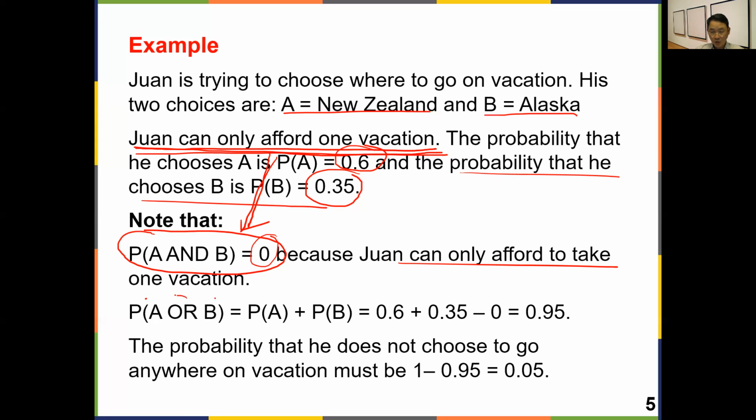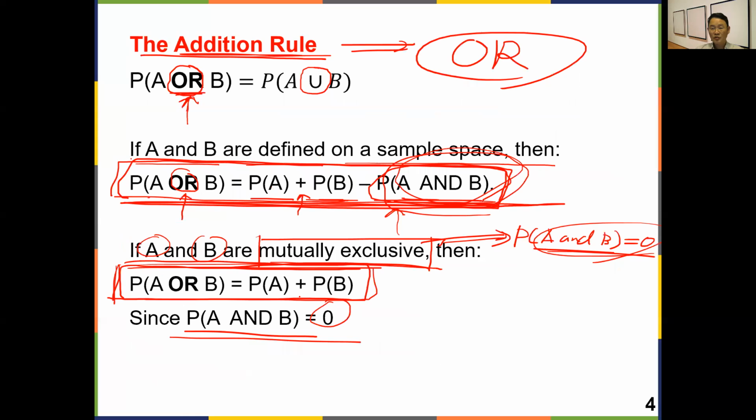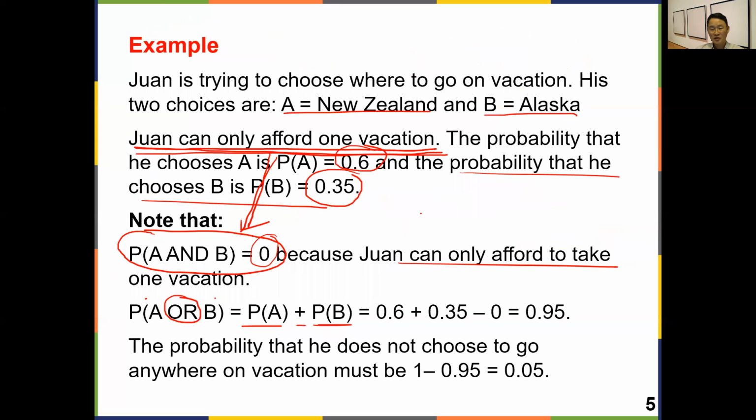Remember, this is an or question. That means the probability of A plus the probability of B. Or question is what rule? Addition rule. So you add, and subtract the A and B as well. But we know that A and B is equal to 0, so you don't need to worry about that. It's just a simple addition.